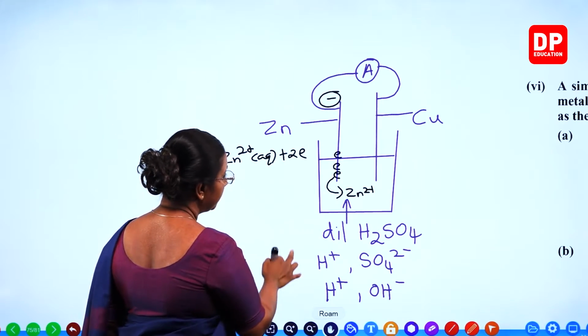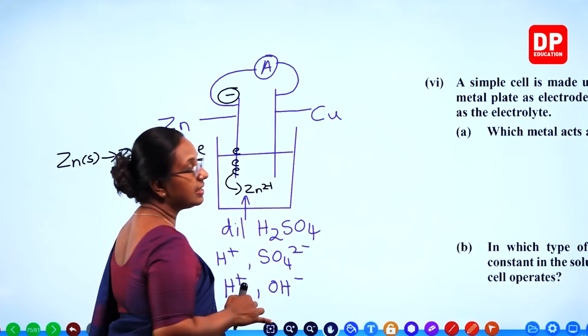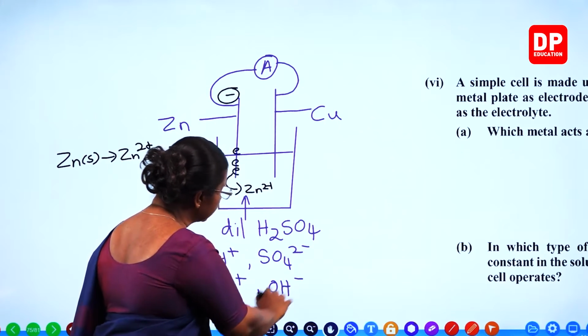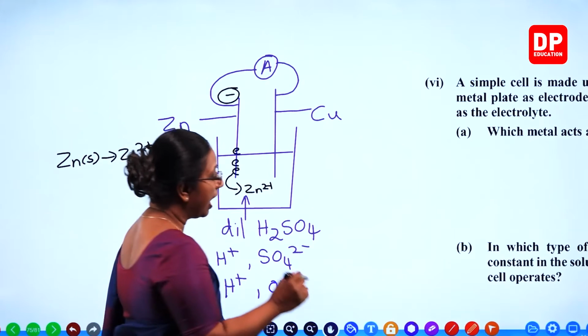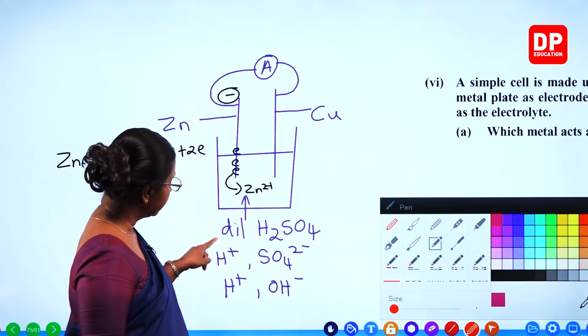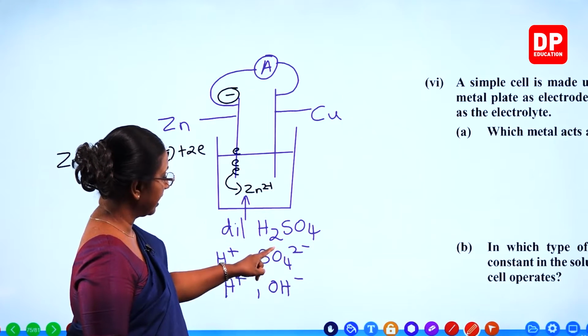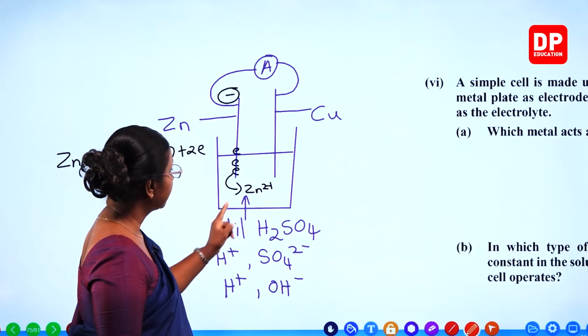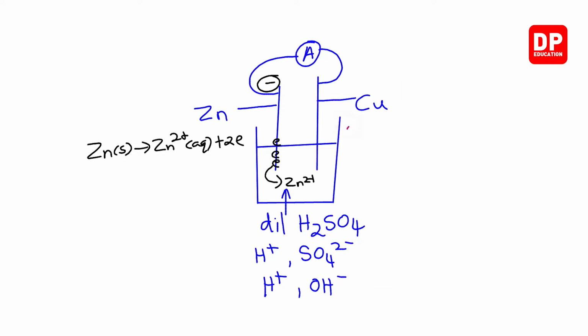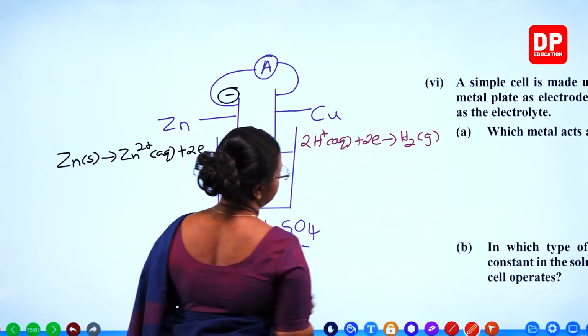At the same time, copper is less reactive, so that does not react, but there are ions in the electrolyte solution. Out of these ions, H+, OH- and sulfate, H+ migrates towards copper. If you write the balanced equation, 2H+ aqueous takes up 2 electrons, forming H2 gas.